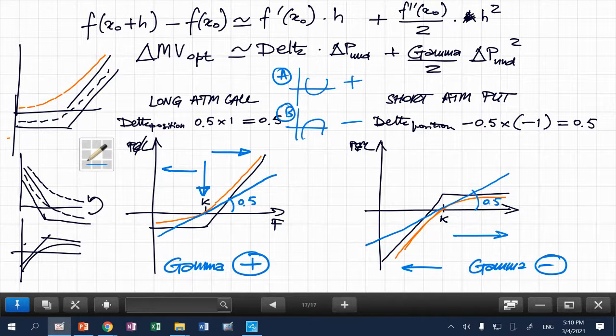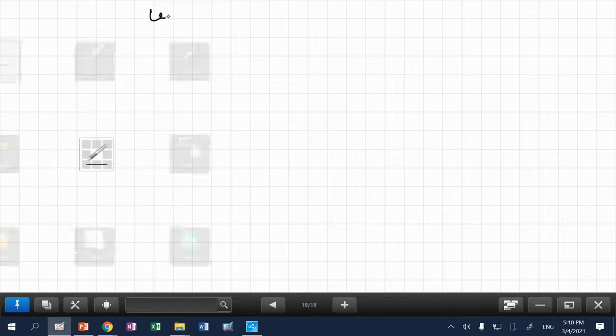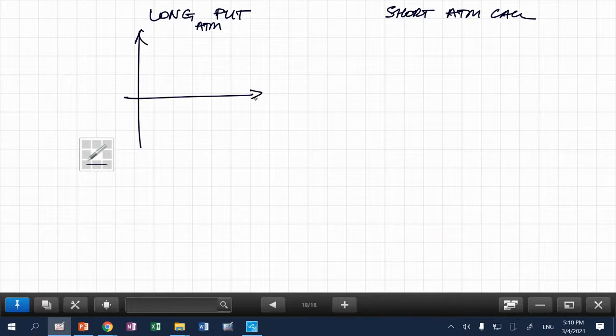Now, let us look quickly at the comparable position of short call, long put. Let's say long put option, at the money put first, and then short at the money call. Just to understand super quickly what is going to happen in terms of second derivative.